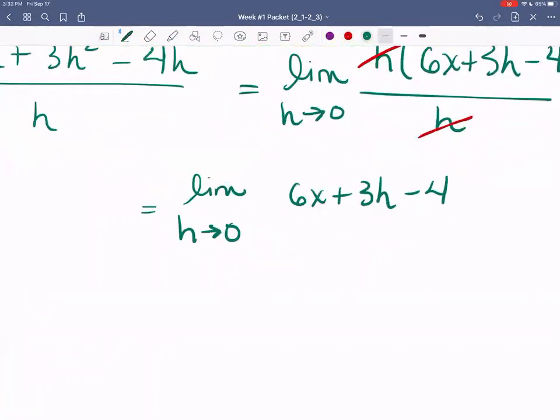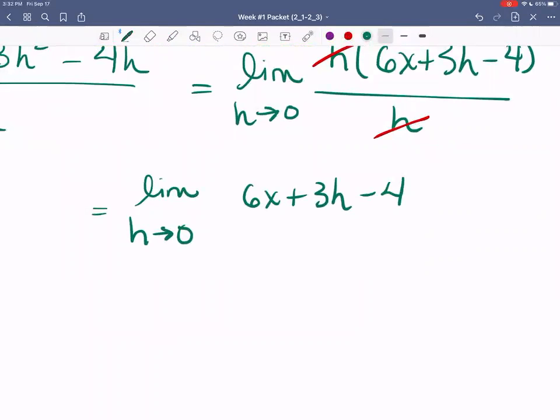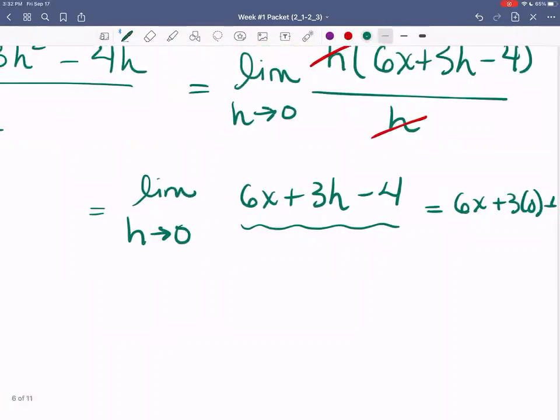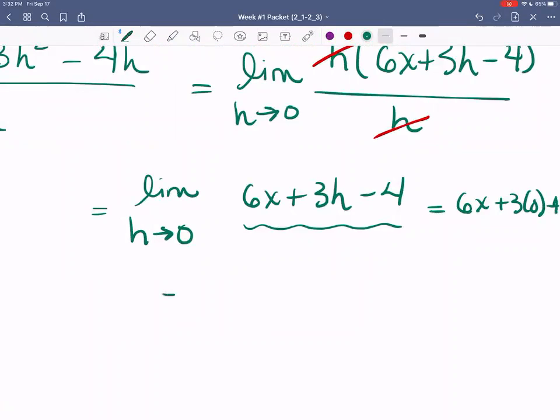To compute the limit, there's no problem with plugging in h equals 0 because this is a continuous function of h. So we just get 6x plus 3 times 0 minus 4. So 3 times 0 just becomes 0, and we get 6x minus 4.